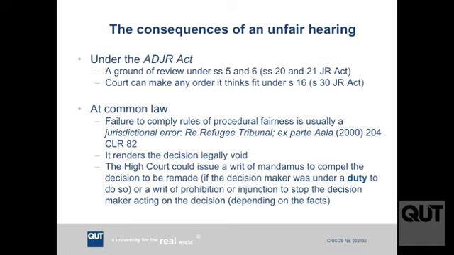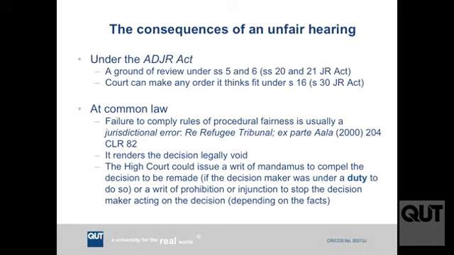What are the consequences then if there is an unfair hearing that is affected by a failure to accord natural justice? We'll talk more about remedies in the Week 9 podcast, but just to briefly introduce this topic here, we can distinguish the remedies that are available under the ADJR Act or the JR Act of Queensland and under common law.